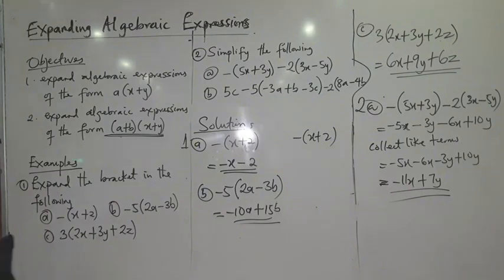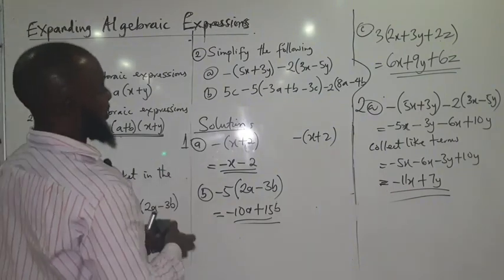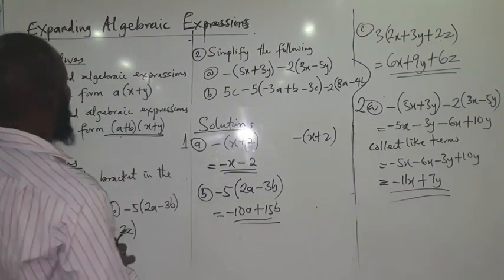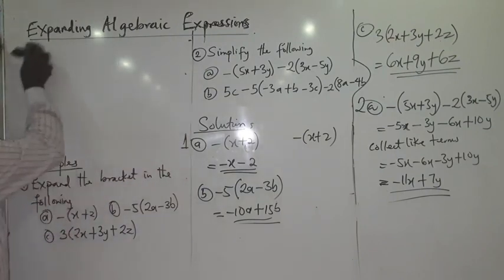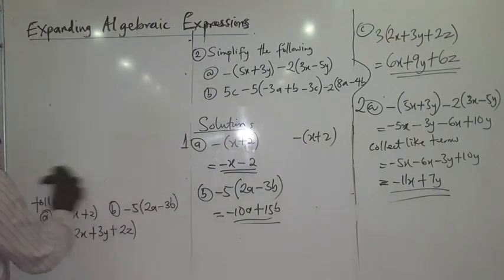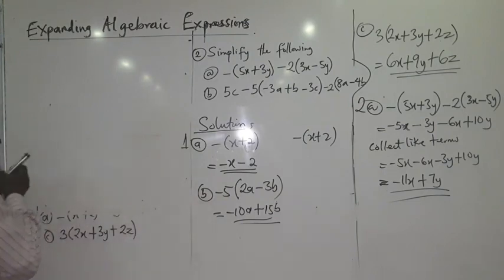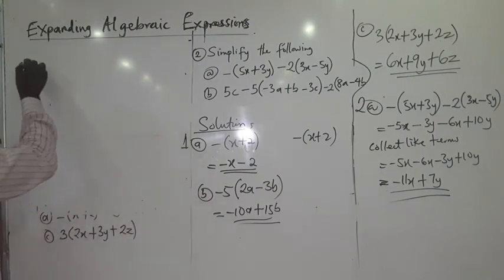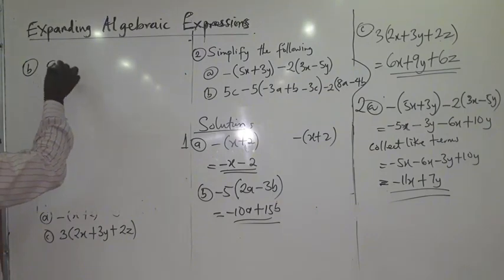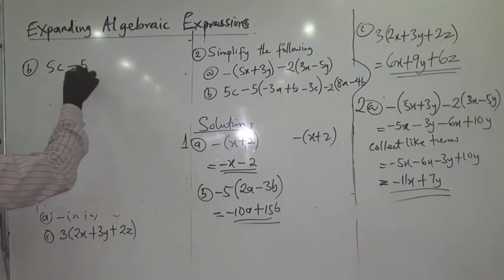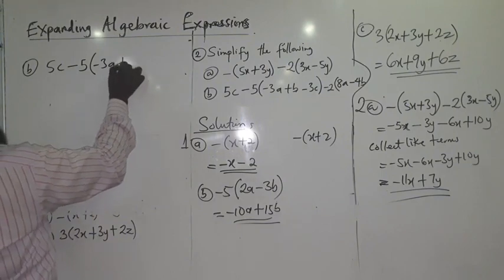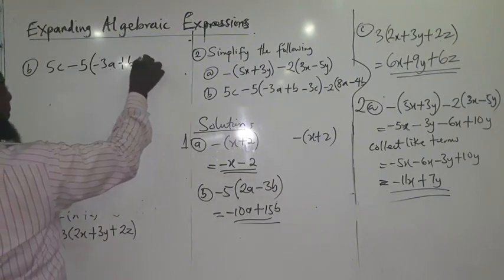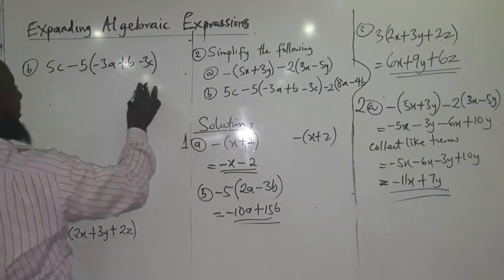Then move to the second part of this, which is a bit longer than this. So let me raise this and have it here. So we have 2b, 5c minus 5 into bracket minus 3a plus b minus 3c, right?